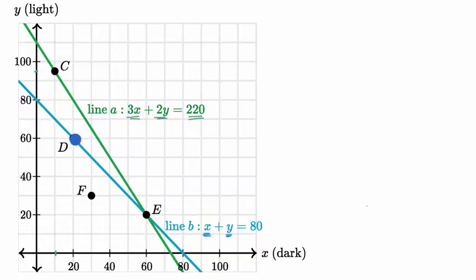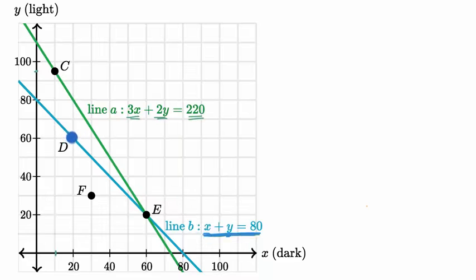Now let's think about point D. What does that represent? Pause the video and try to figure that out. Well, because we sit on the blue line, that means that we are meeting this constraint, that the kilograms of dark and light combined is equal to 80 kilograms. So she's using exactly 80 kilograms here. But what about her spending?